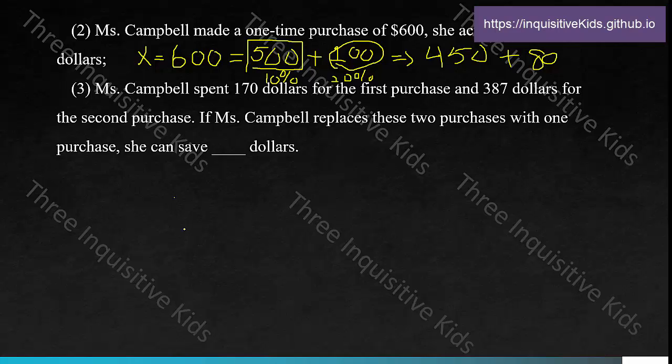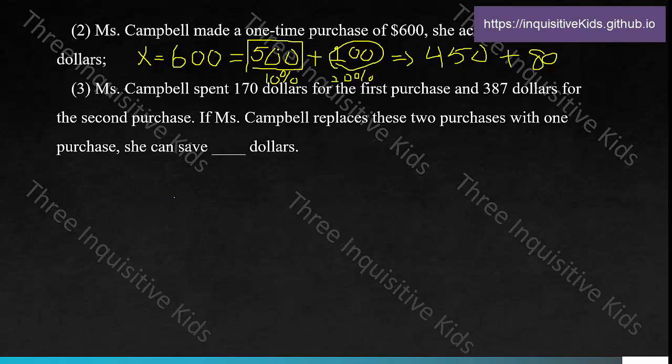Miss Campbell spent $170 for the first purchase and $387 for the second purchase. If Miss Campbell replaces these two purchases with one purchase, she can save blank dollars. So let's just first figure out the first option, spending them in different purchases.